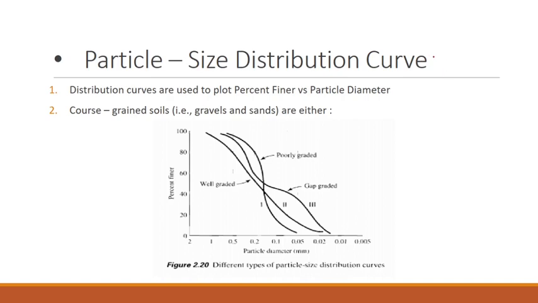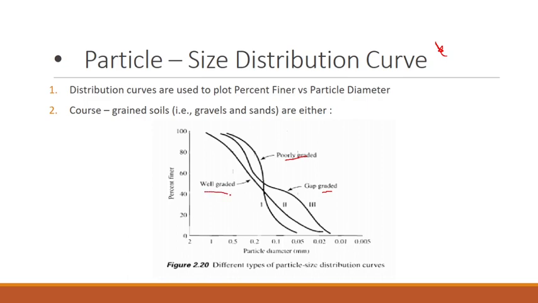Particle size distribution curve is another important subtopic. Distribution curves are used to plot percent finer versus particle diameter. Coarse-grained soils, as in gravels and sands, are either poorly graded, gap graded, or well graded.